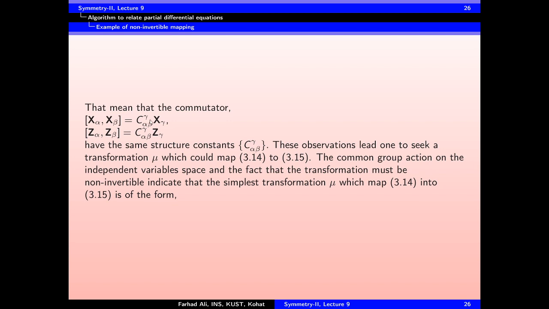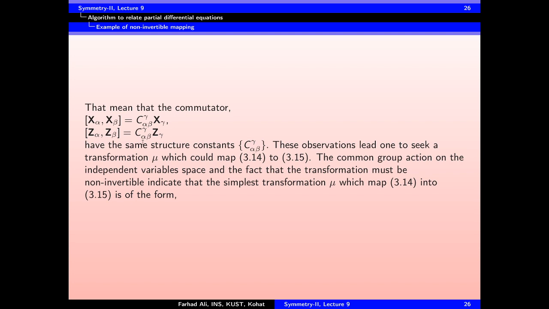Because the action of the group in the independent space is the same. So that is an observation. Also we can calculate these structure constants.